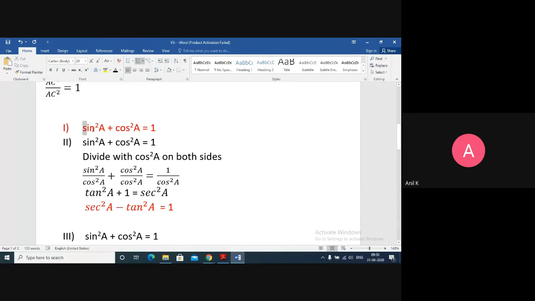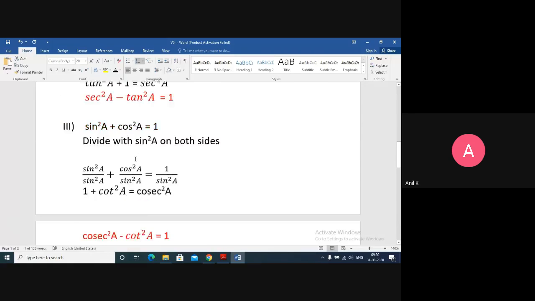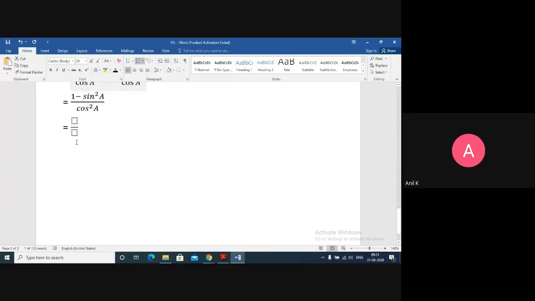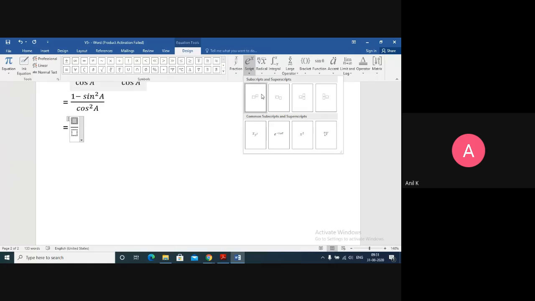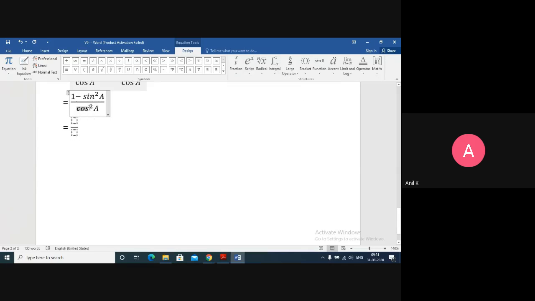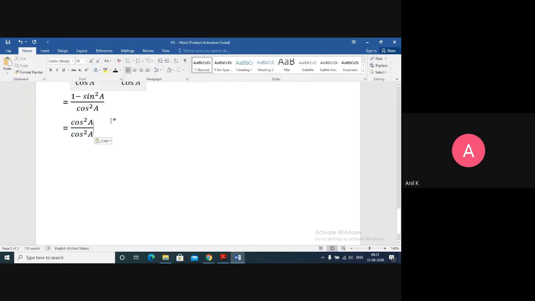If I send this sin square A to the right hand side, it will become 1 minus sin square A is nothing but cos square A. Numerator also will become cos square A, and denominator also will become cos square A. So cos square A upon cos square A is 1.